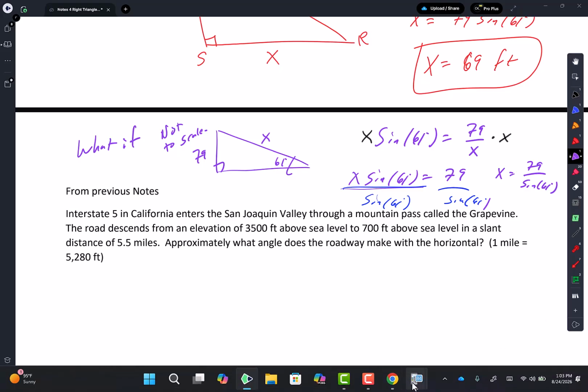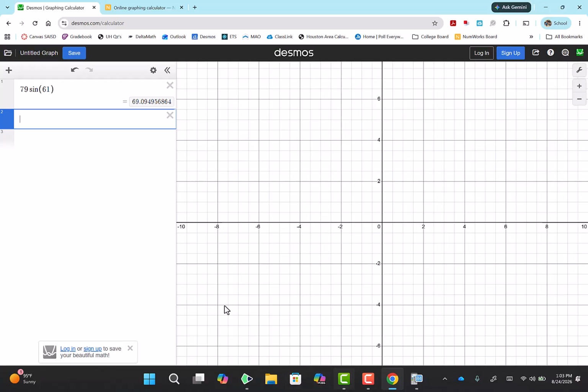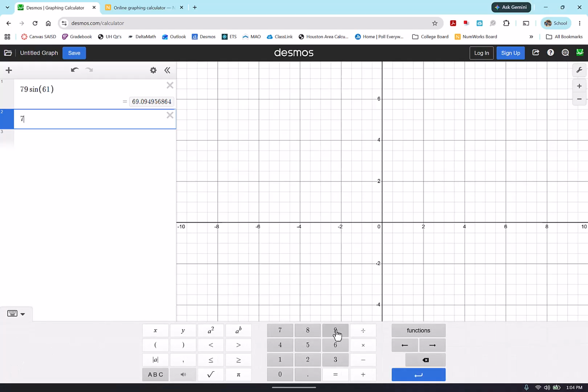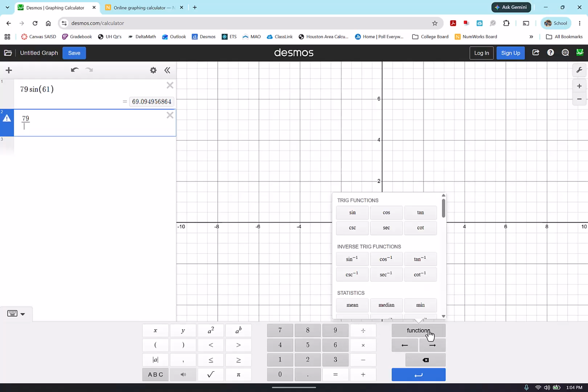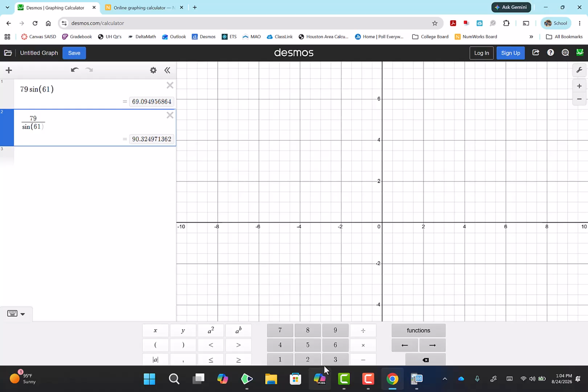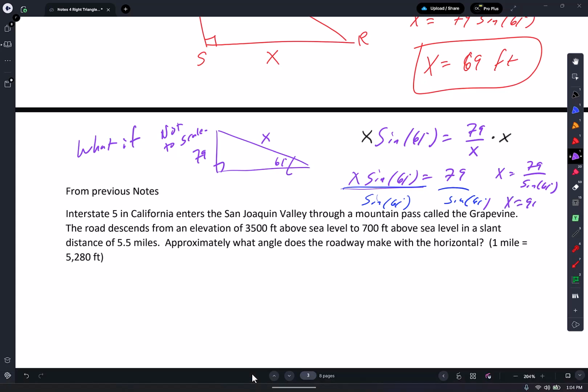I take my little calculator and I go, I already forgot. Was it 79 divided by sine 61? Are those the numbers we used? 90.325. There it is.